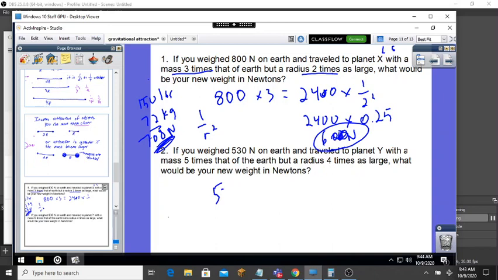So here, let's do another example. Here we have 530 newtons. We go to another planet that's 5 times as large. So 530 times 5 is 2,650.